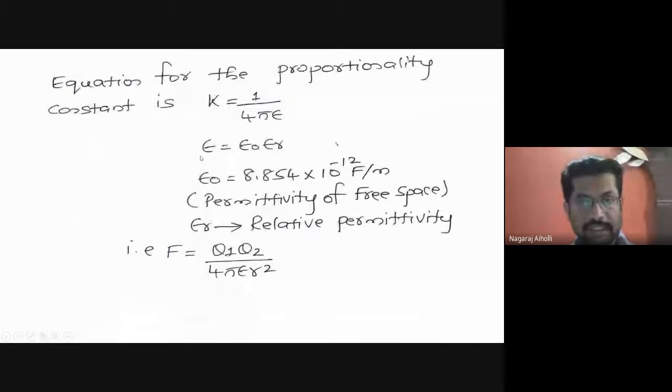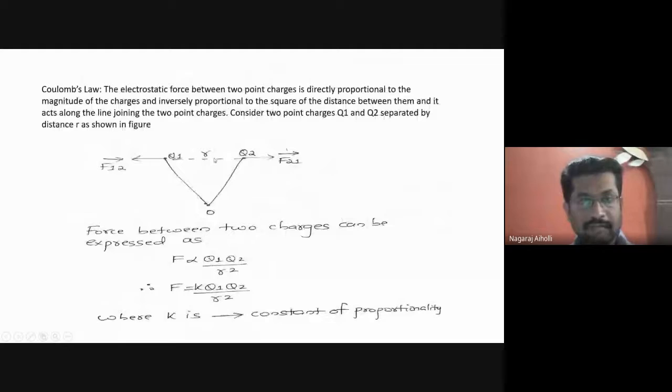This a12 bar, as we know, the unit vector is given by the distance vector r12. If these are the two charges Q1 and Q2, then we note that the force acts along the line joining the two point charges.